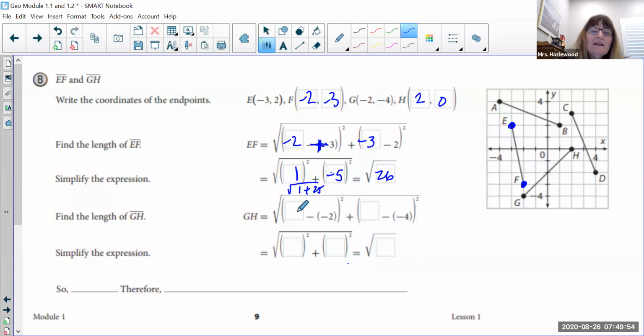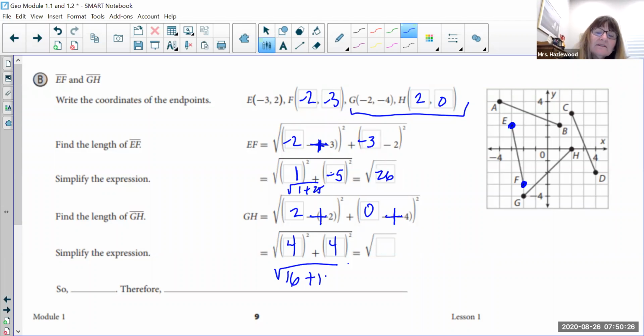So on my next one, GH is the next points I'm looking at. My X values are 2 minus negative 2. So again, you're adding that 2. So this is 4. And then my Y values are 0 minus negative 4. So again, that changes to addition. So here I have 16 plus 16, and that equals 32.